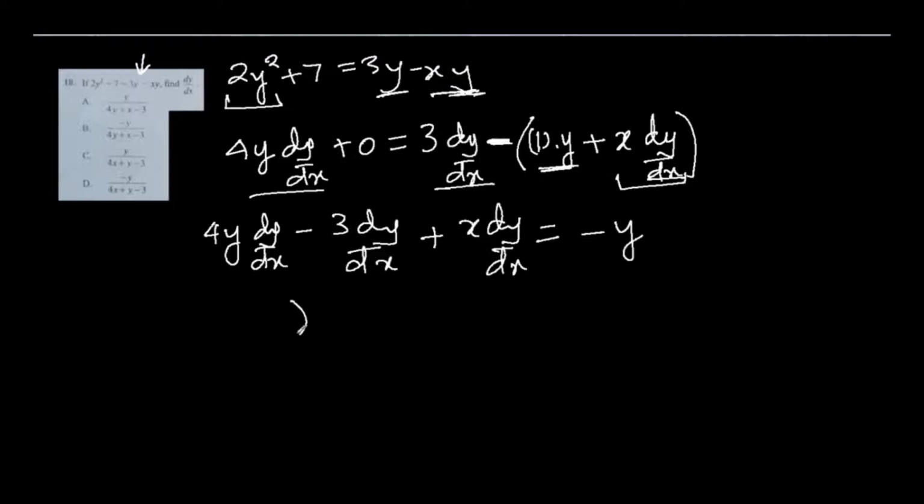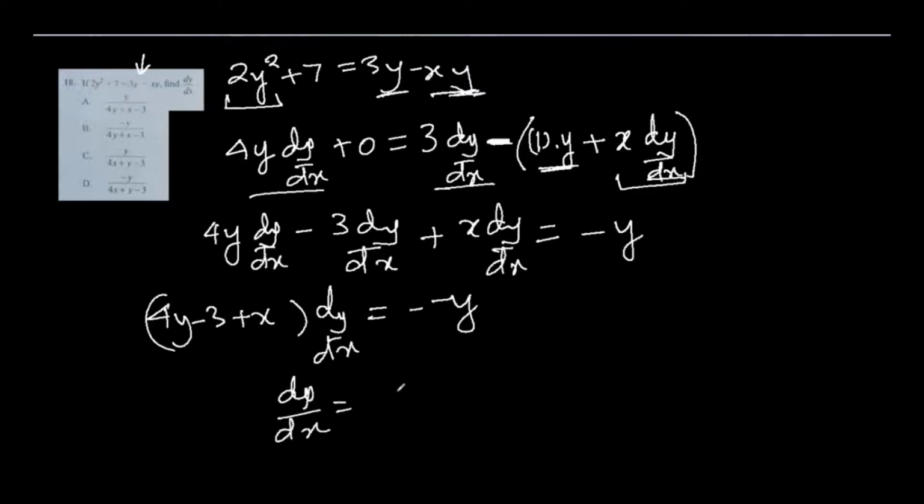All right, so let's take dy over dx common from all of them. So what are we left with? 4y minus 3 plus x equal to minus y. So finally dy over dx becomes minus y over 4y minus 3 plus x. Let's see what matches here. B is the one that is matching with this.